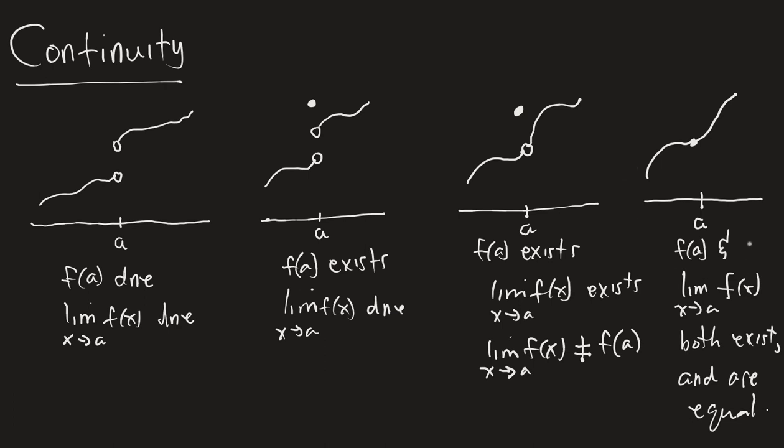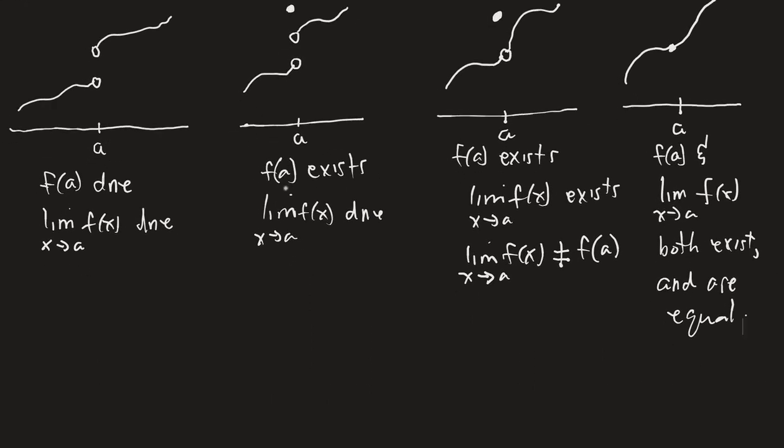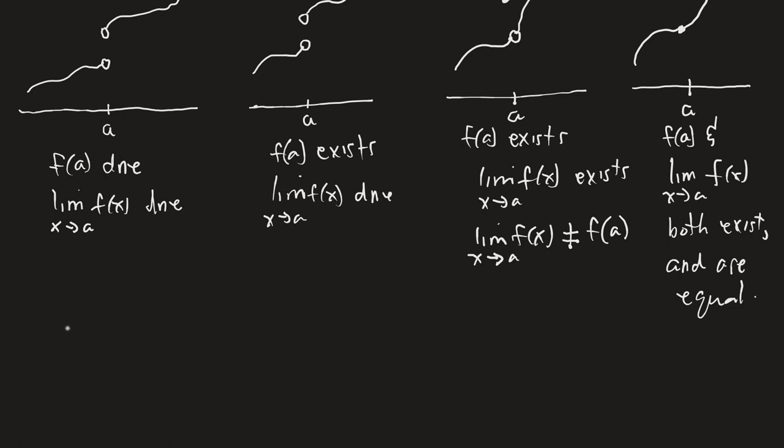And when this happens, when the function value and the limit both exist and they're the same, that's what gives rise to this concept of continuity. All right? So let's write it down.